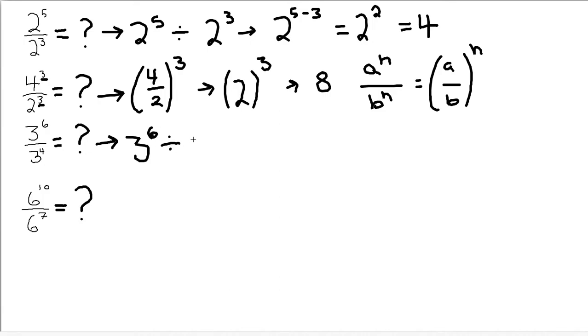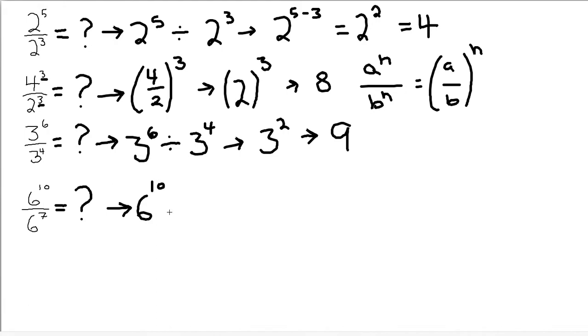Throw some division in there. 3 to the 4th. Okay. 6 minus 4 is 2. So that turns into 3 squared. 3 times 3 is 9. Super simple.